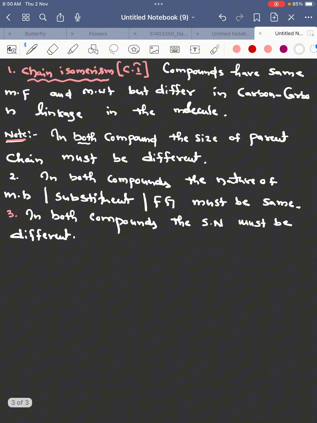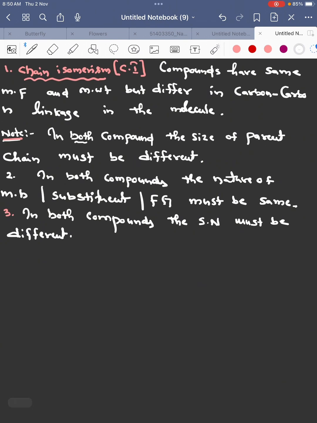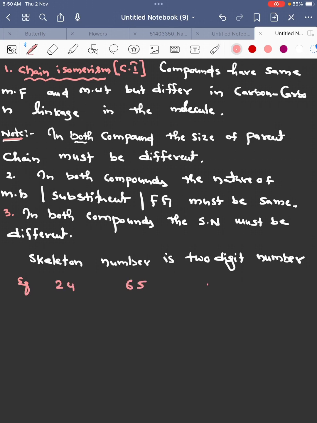My dear student, skeleton number is a 2-digit number. For example, 24659172.